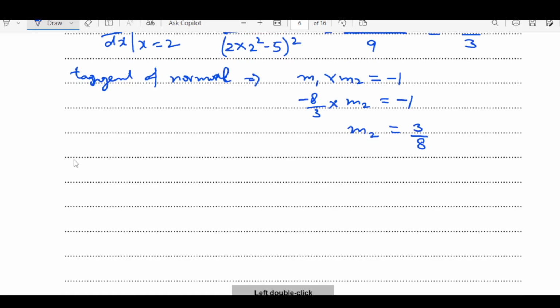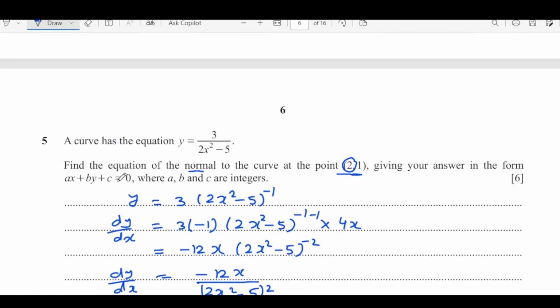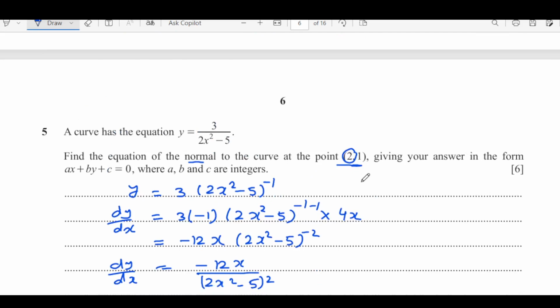Now, the equation of the normal line, that is our question. We are looking for the equation of the normal at the point (2, 1).